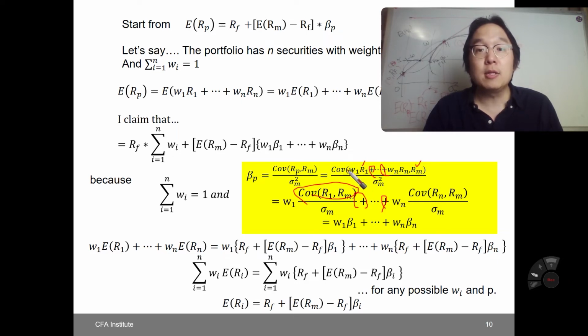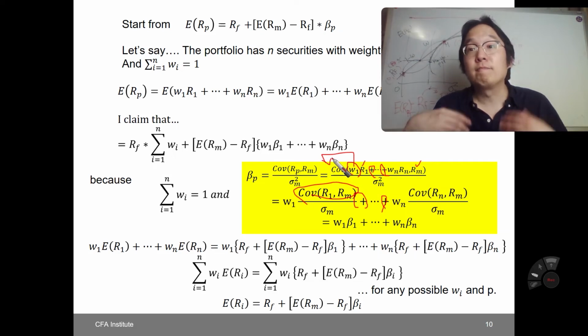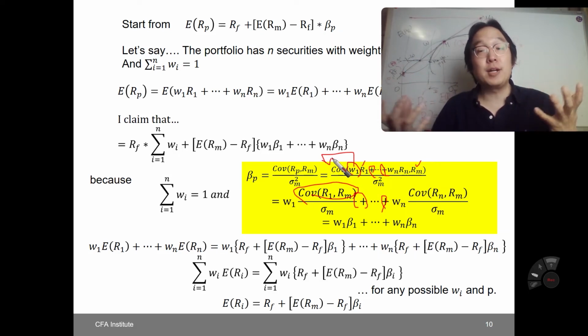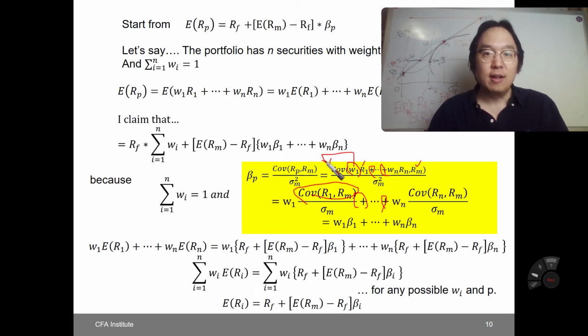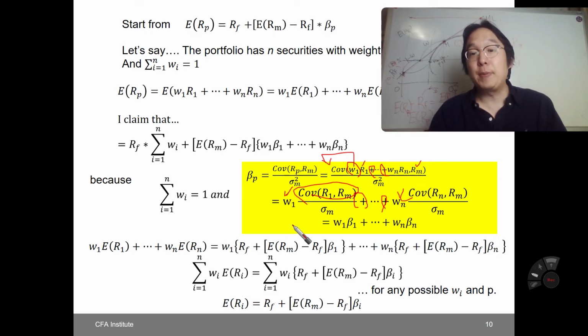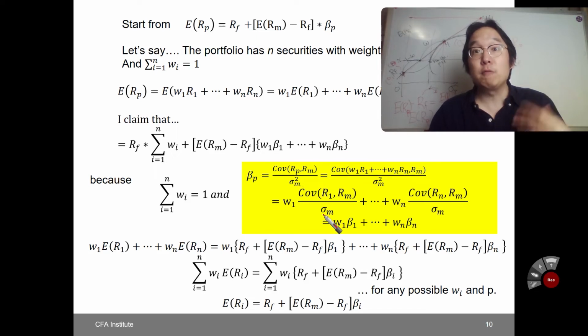And then the second property: whatever is not a random variable, if it is a constant, you can take it out, right? Over here, right? And then like this. So what does it become? Well, all of this bunch of things becomes a bunch of covariances over variance, okay?